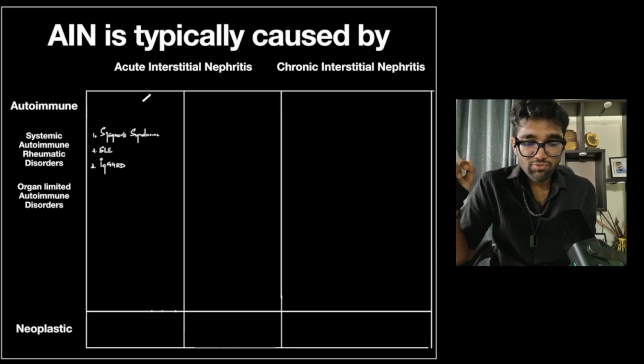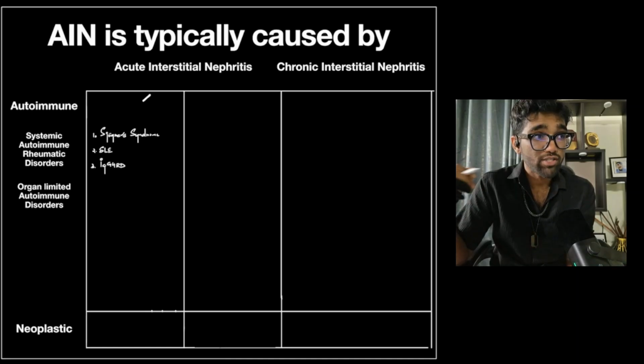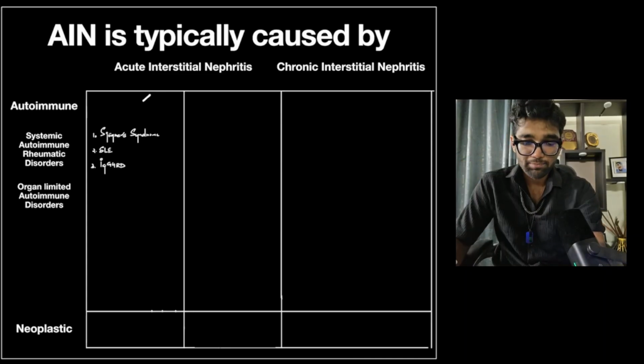Okay, so IgG4 antibodies classically are thought of as not activating complement. However, at very high pathologically high levels, IgG4 antibodies can actually activate complement. So that is what is responsible for the renal damage here.